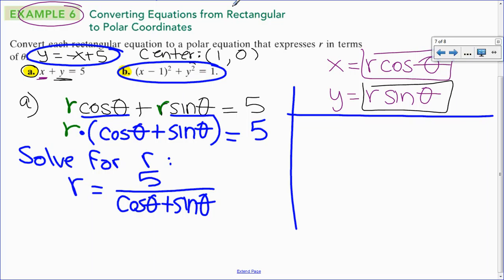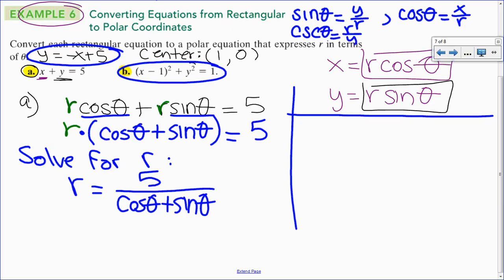But just to make it a little easier from where we started defining, sine theta is defined as y over r, and cosine theta is x over r. If you wanted to write it in terms of cosecant, it would be r over y. Okay, so it's just that they use the two main ones, sine and cosine.